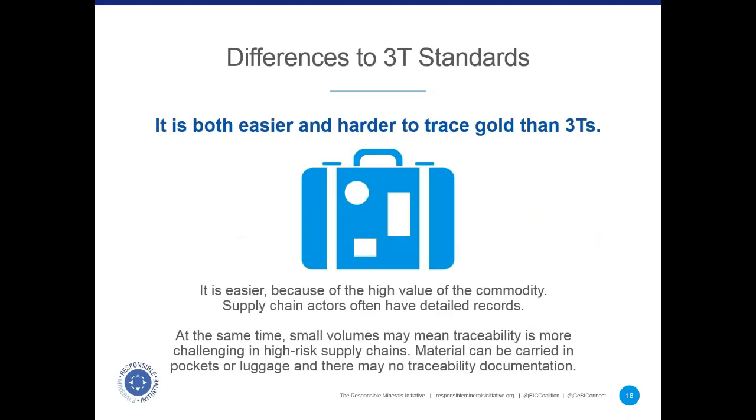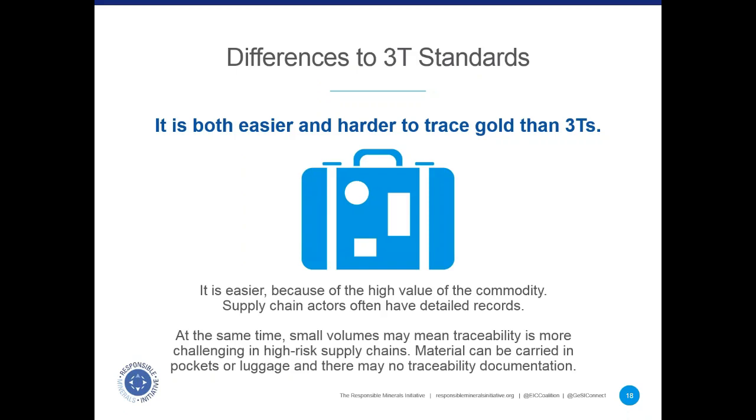There are a few differences with regards to the physical flow that are worth noting. First, it is both easier and harder to trace gold than 3Ts. It is easier because of the high value of the commodity. Supply chain actors often have detailed records for what happened with the gold, and those records in turn can be used to follow the gold through the supply chain. Additionally, many bullions, such as those verified by the LBMA, are required to be stamped and are therefore recognizable upon inspection.